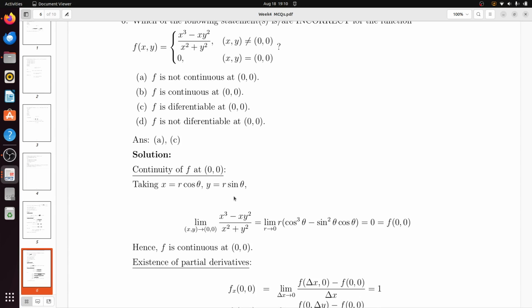So we have put x equal to r cos theta and y equal to r sin theta.